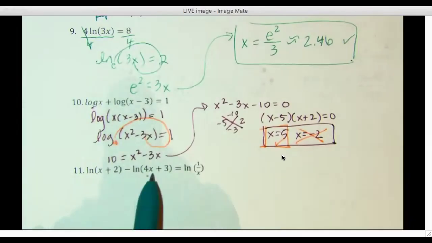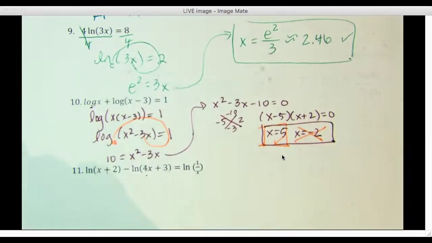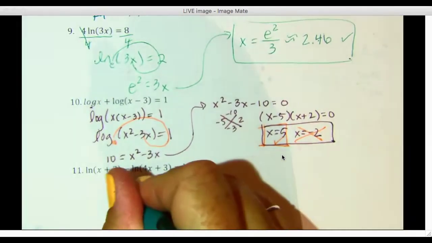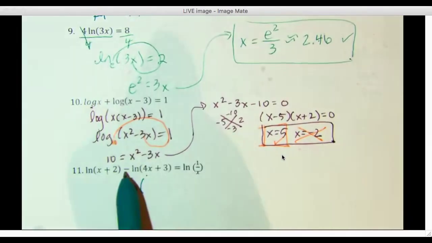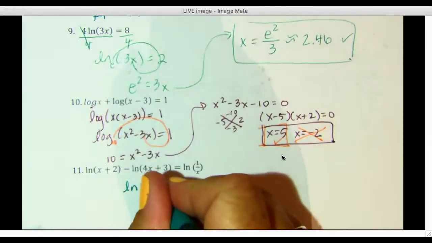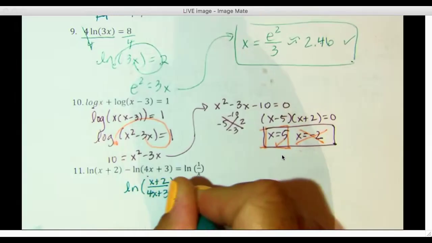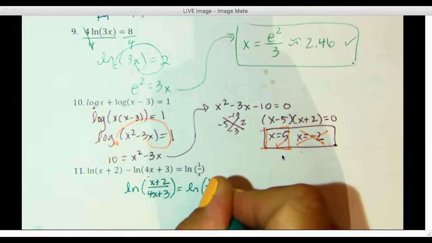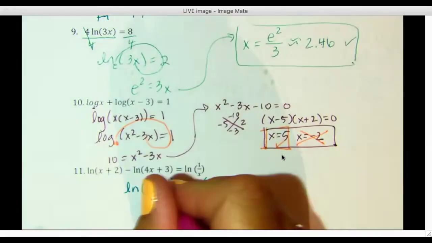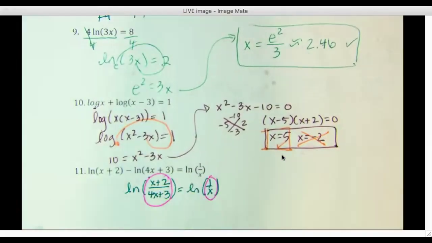I need to condense this side and write it as a single logarithm, and I already have a single logarithm on this side. So this becomes natural log of, subtraction condenses to division, so x plus 2 divided by 4x plus 3 equals natural log of 1 over x. And then this is equal to this.